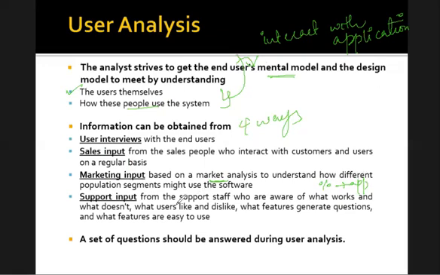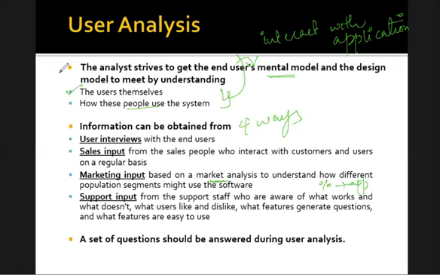When a particular application is used by a set of people, there are people that support the application, that is, provide updates, and errors and bugs can be removed. So you can get information from these support people. As they make changes within the application, they get to know what different changes the user wants. Based upon that, you get the information and you can create a user's mental model.